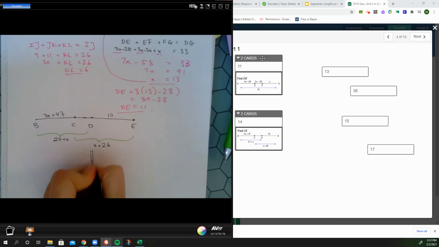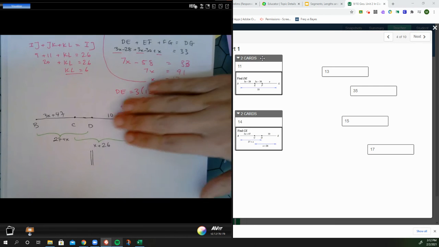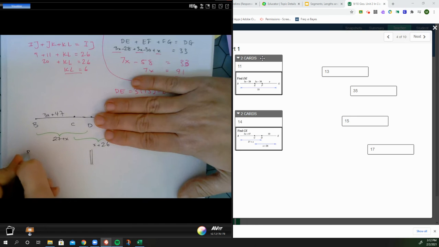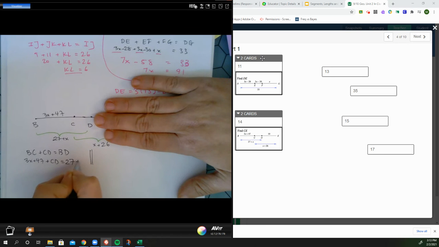So I'm going to write 2 separate expressions. I'm going to ignore this segment for a moment and write down how this adds up. So we have BC plus CD equals BD. And the expression there is 3x plus 47, plus CD, I'm just going to leave it, equals 27 plus x. I'm going to come back to this.